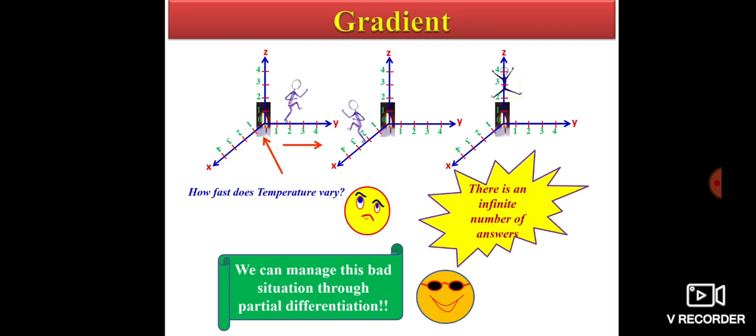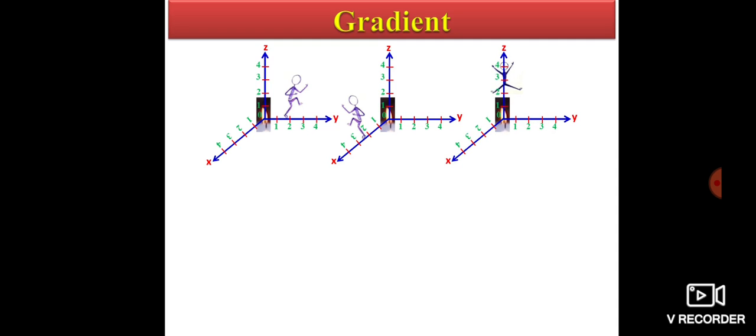Hence, let us try to find the answer to our question, how fast does temperature vary. As we know, temperature is a scalar quantity and it is a function of x, y and z in space, since at each point in space we get a definite value of temperature.